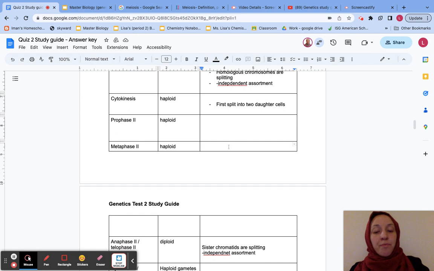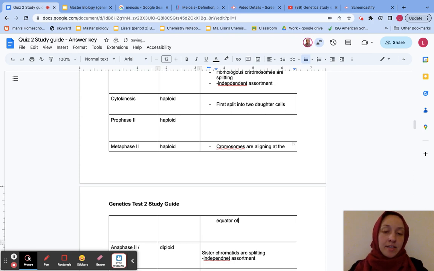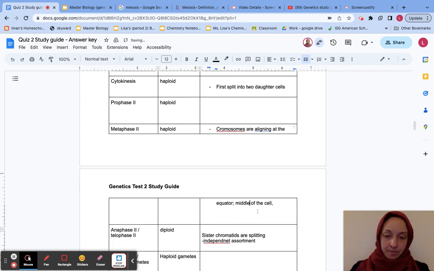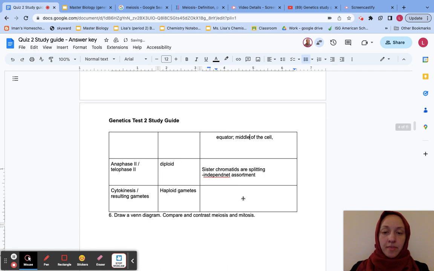Metaphase 2, our chromosomes are aligning at the equator of the cell, or you can call it the middle of the cell. Okay.